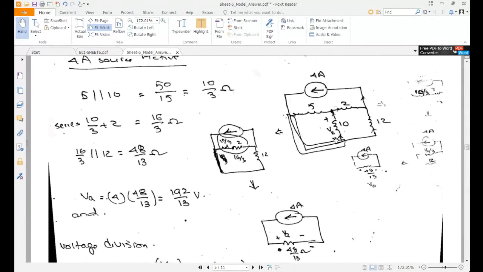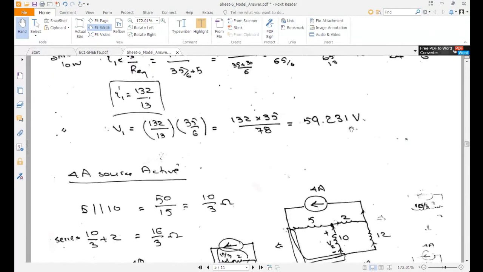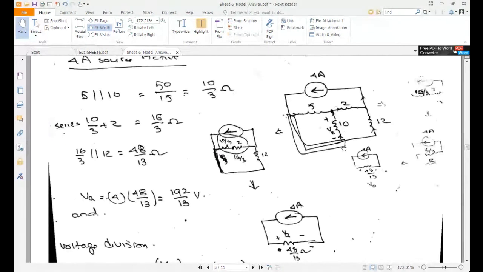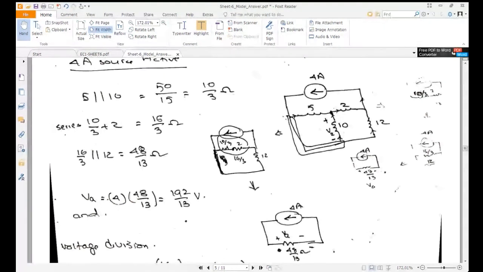When we find V2, we will add this V2 with this V1 and you will get V. So how to find this V2? Any method you can use. 5 and 10 are parallel, you will get 10 by 3. Then 2 is present here, so plus 2 will be 16 by 3. Any problem, guys?